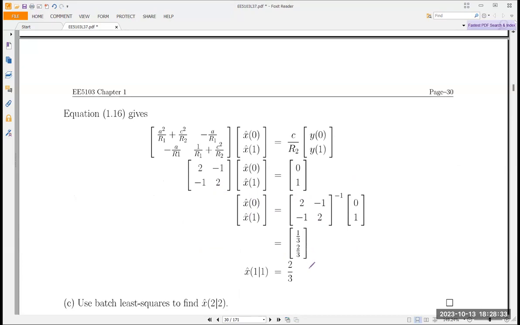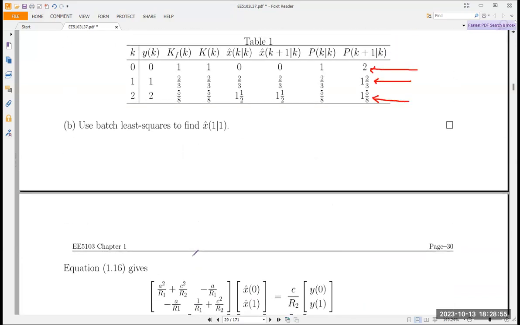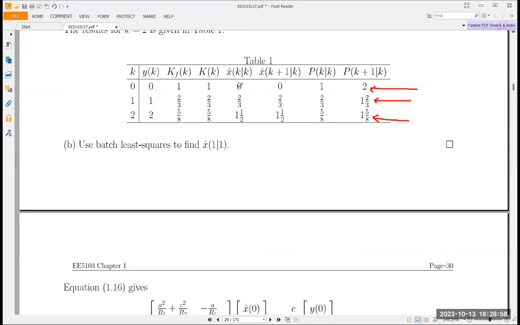So now, the real thing comes. So this is this. Good. And this is also what we calculated, 2/3. You look at when we calculate the Kalman filter, x hat 1 1, which is this one, is 2/3. So I say again, the Kalman filter actually comes from the least square.